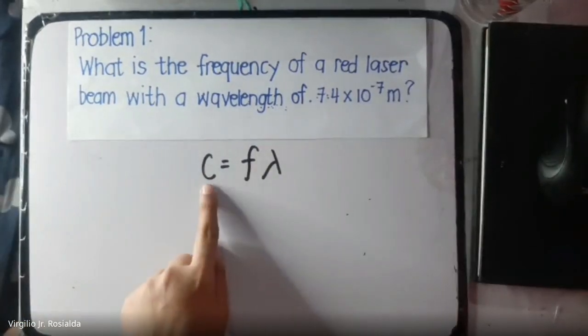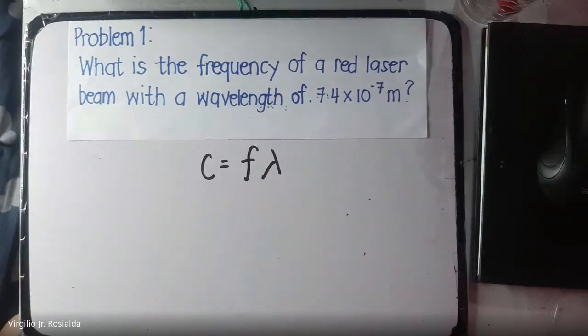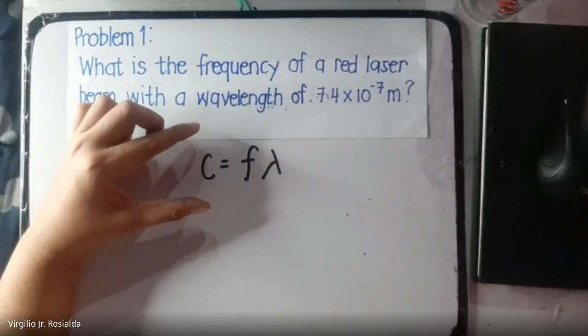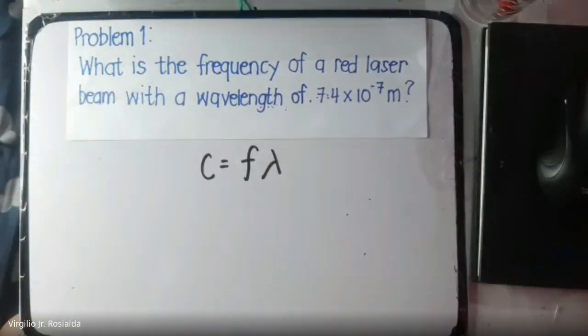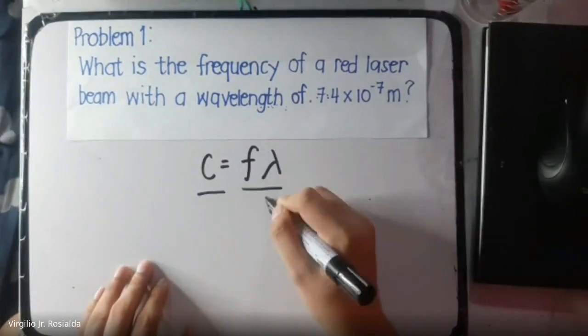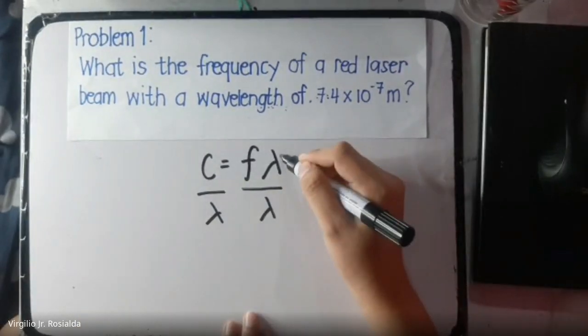So C is our speed of EM wave, frequency, and the wavelength. So in order for us to get the value of the frequency here in problem number one, we just simply derive the formula for frequency out of this formula. And to do that, we just simply divide both sides by lambda. Okay? I-divide lang natin siya both sides by lambda. And this one will be cancelled.